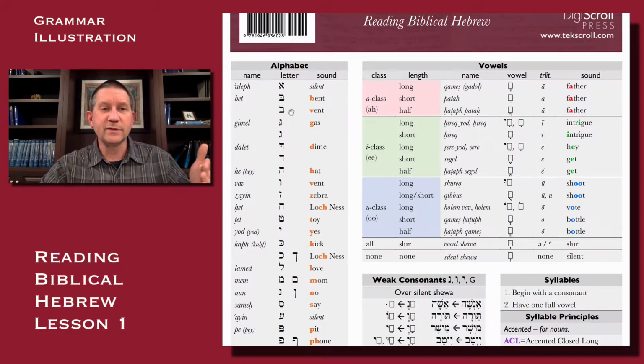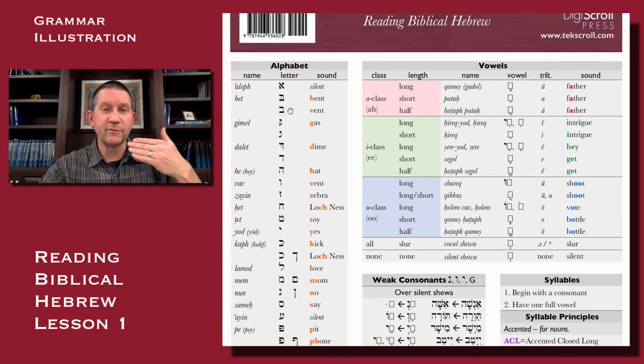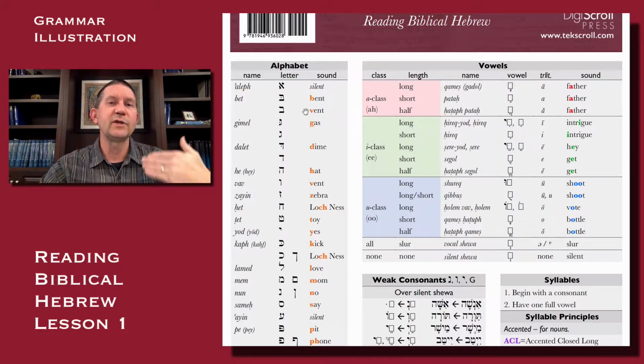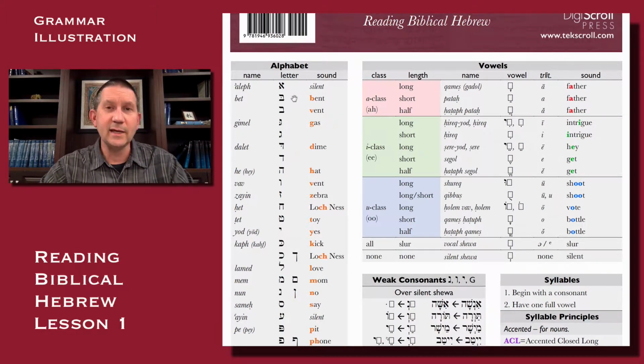If the previous syllable ended in a vowel, or if the previous word ended in a vowel and there wasn't a big pause between that word and the letter bet, then the vowel, which is where we have breath moving, will keep the dagesh out of there, and you can hear it in the sound because I can keep breath moving through a V sound, but I can't keep breath moving through a B sound.